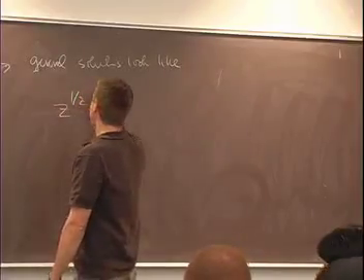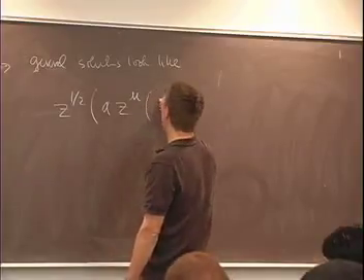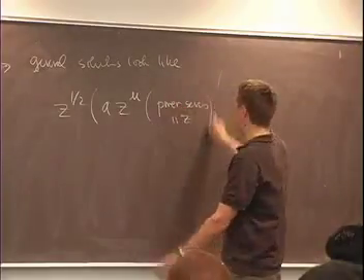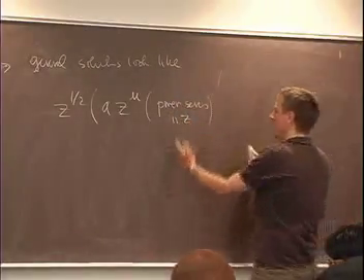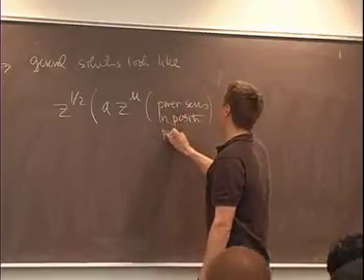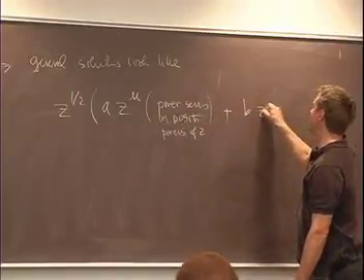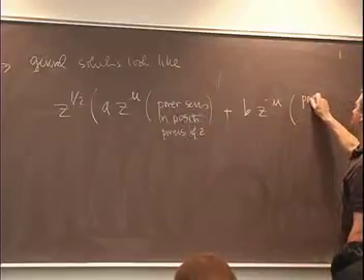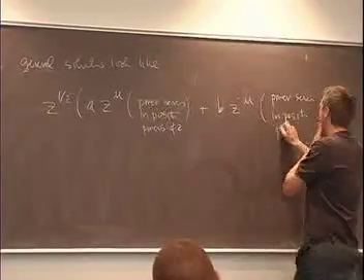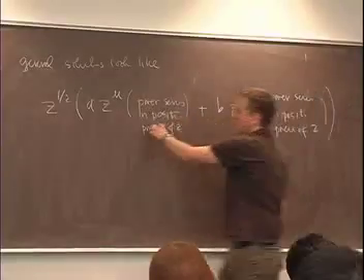So anyway, I'll write it like this: a z to the mu times some power series in z, really some power series with no negative powers, in positive powers of z, plus b z to the minus mu times a power series in positive powers of z. And we're getting these two power series by these recursion relations.